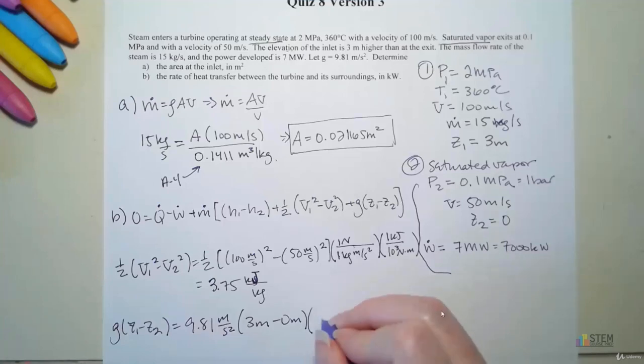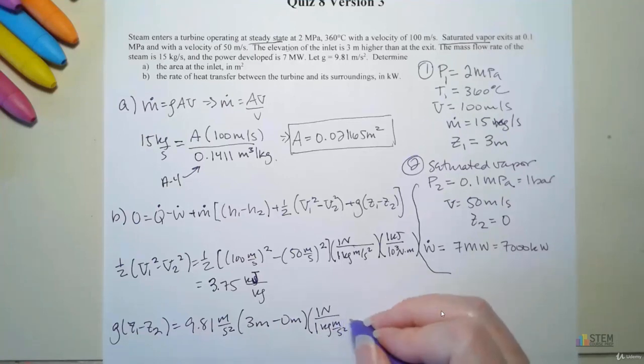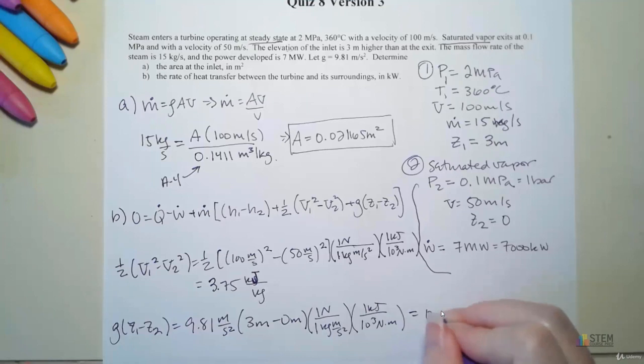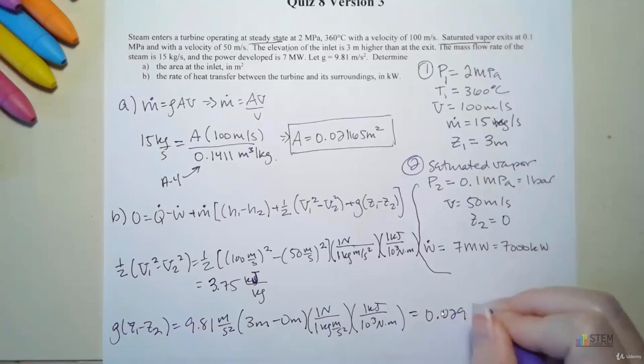And the conversion we need here, same thing: 1 Newton per 1 kilogram meter per second squared times 1 kilojoule per 10 to the 3rd Newton meters. That's going to give me 0.029 kilojoules per kilogram.